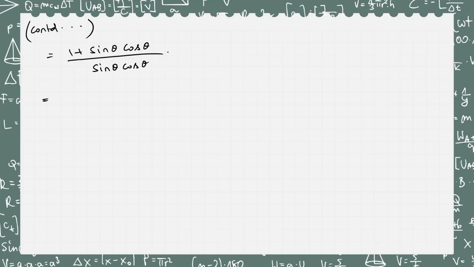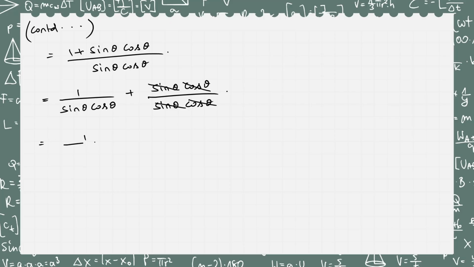And now we can split this into two fractions, right? So 1 divided by sin theta cos theta plus sin theta cos theta divided by sin theta cos theta. And the second fraction will completely get cancelled because there is a product only, we can do cancellation. So we get 1 by sin theta cos theta plus 1, right?